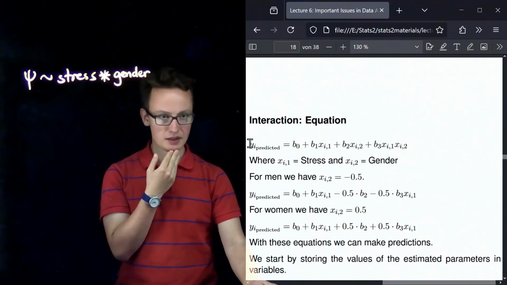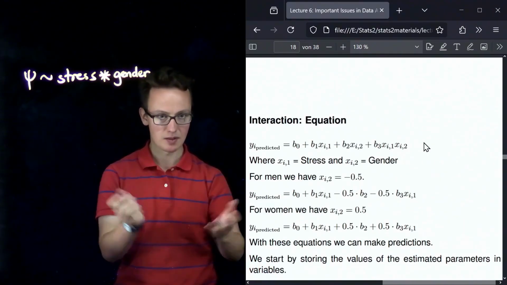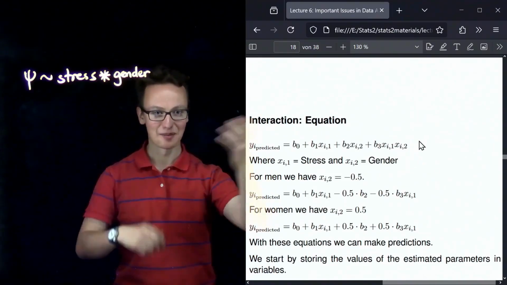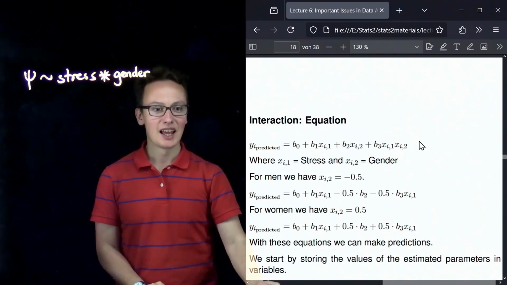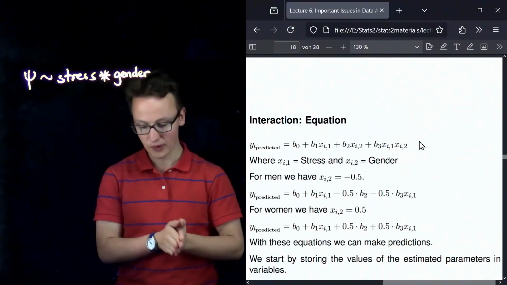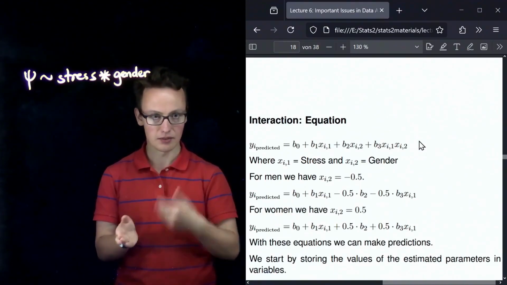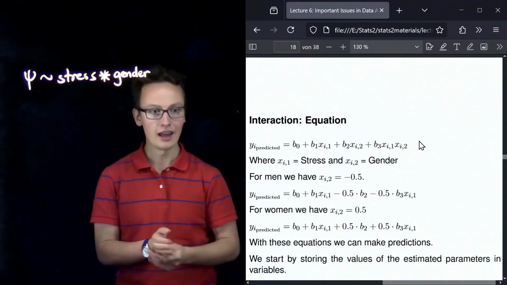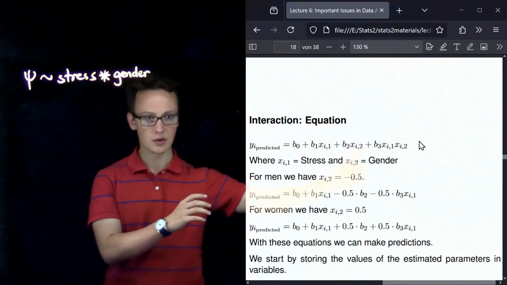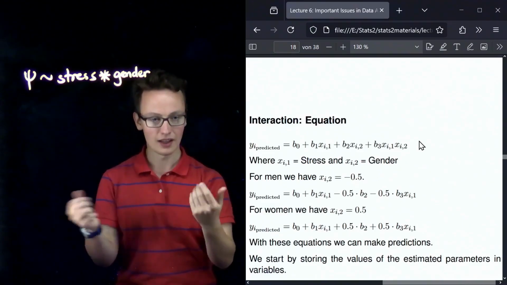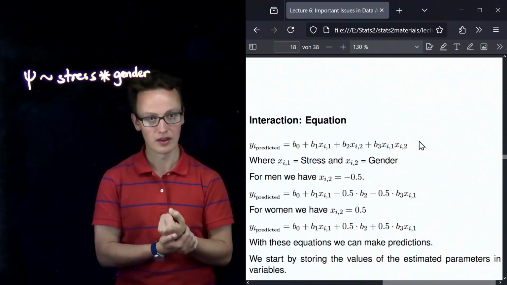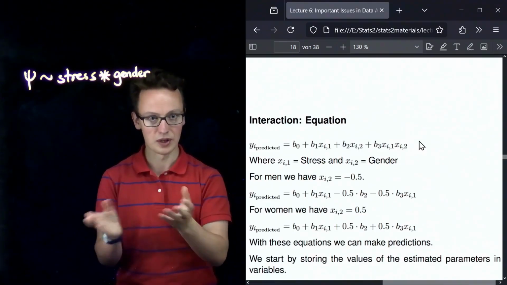And so using this formula now, without the error term, because this is about predicted outcomes, basically a formula describing our linear regression result in a way, we can make predictions, given a particular value for gender, like 0.5 or minus 0.5, man or woman, and a particular value for stress, we can now use this fitted model described by this equation to predict what it believes to be the most likely value associated with this set of predictor values.